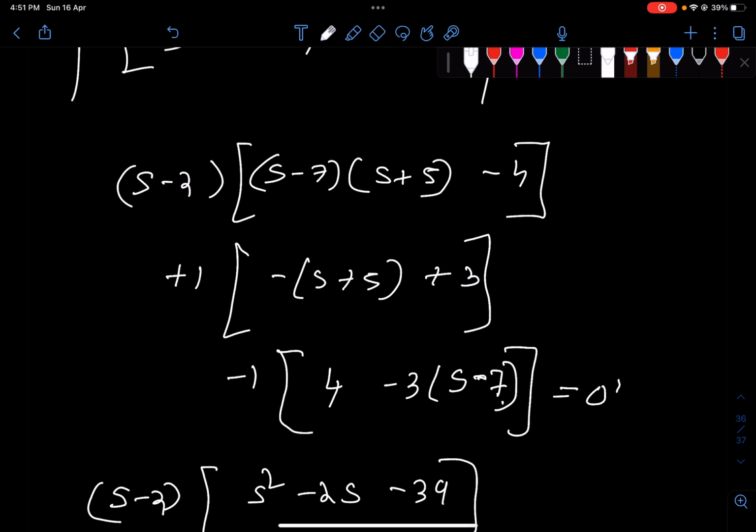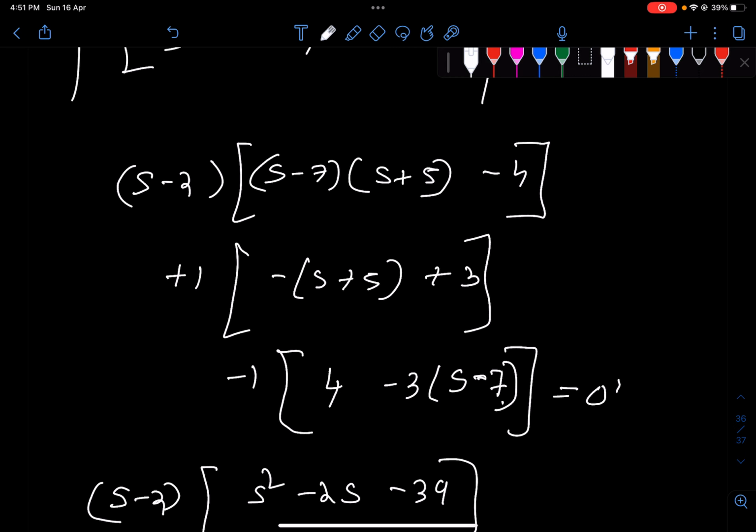minus x plus 5 plus 3, summed with minus 1 into 4 minus 3 into x minus 7.